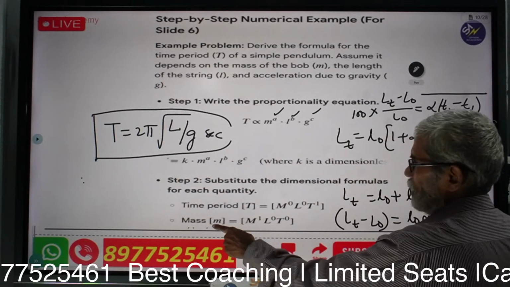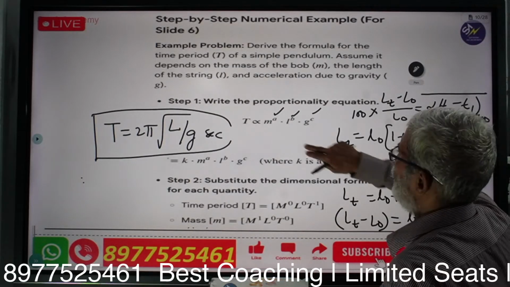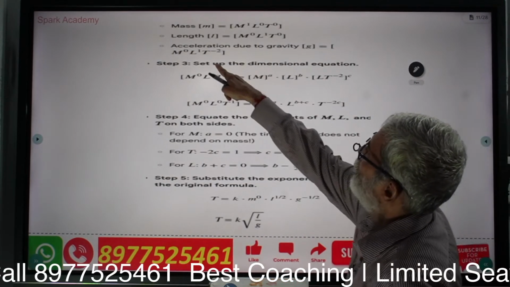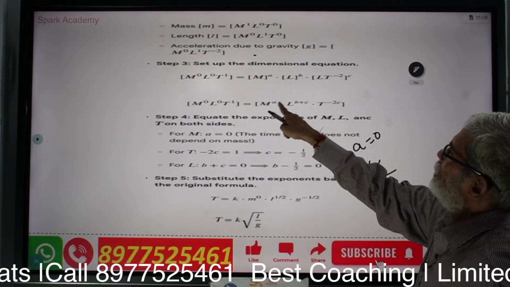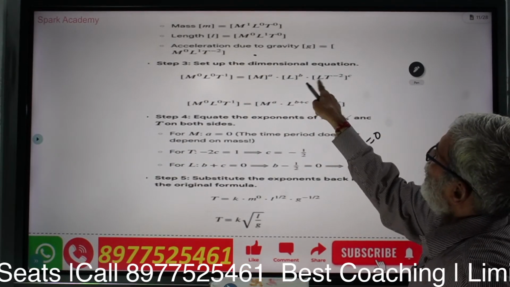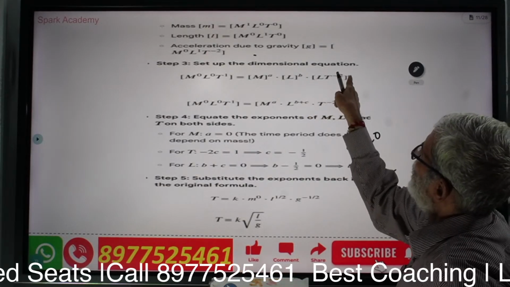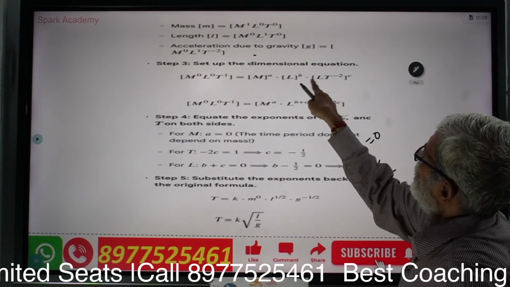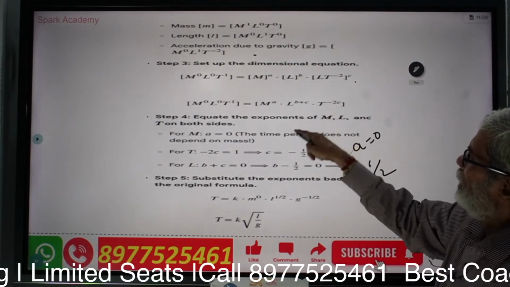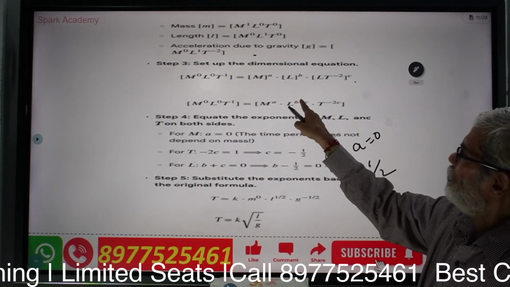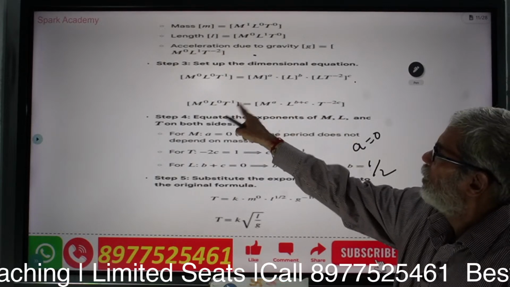This is the dimension for T, this is the dimension of M and this is the dimension for g. You substitute and then you open the bracket, L to the power B plus C, bases are equal, powers can be added, and then T to the power minus 2C. Equate the powers of M, L, T on both sides.